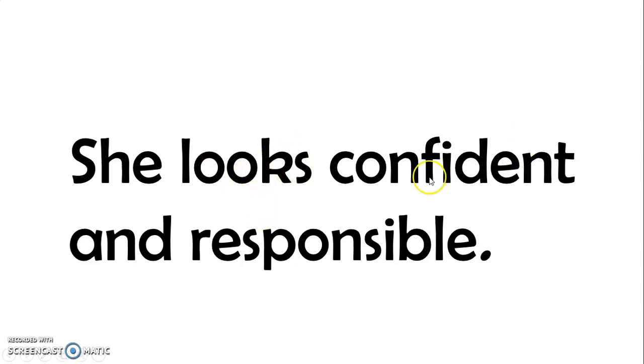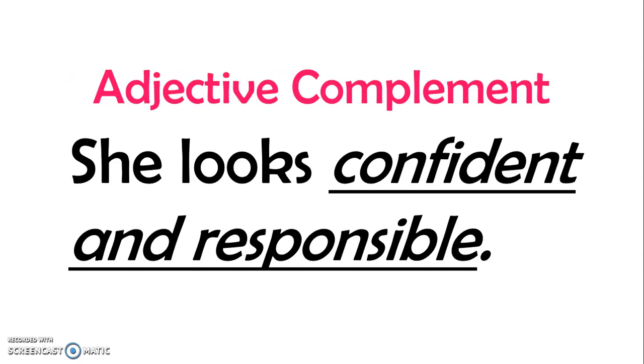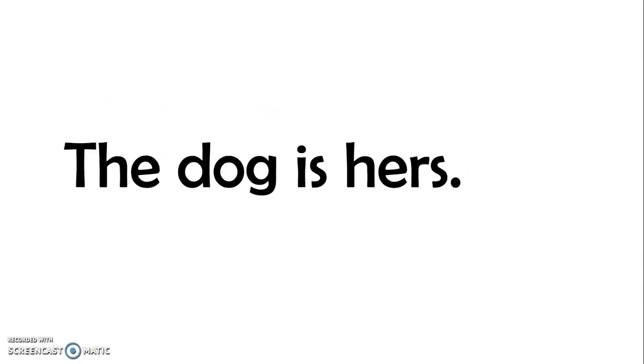Now, if we take a look at what completes the sentence aside from the subject and the linking verb, which is confident and responsible, unlike the first one, which is a noun, confident and responsible are adjectives because they describe. So it's an adjective complement.